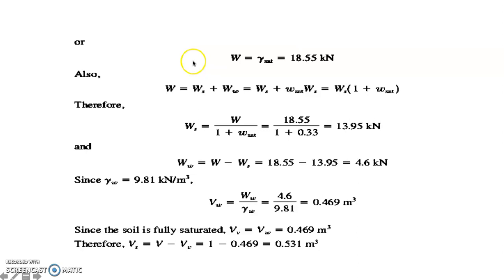From there, we're given the saturated unit weight, and we assume that it is fully saturated, meaning to say that the total volume is equal to 1. If we cross multiply, saturated unit weight is equal to the total weight all over total volume, we can get that the total weight is equal to 18.55 kilonewton.